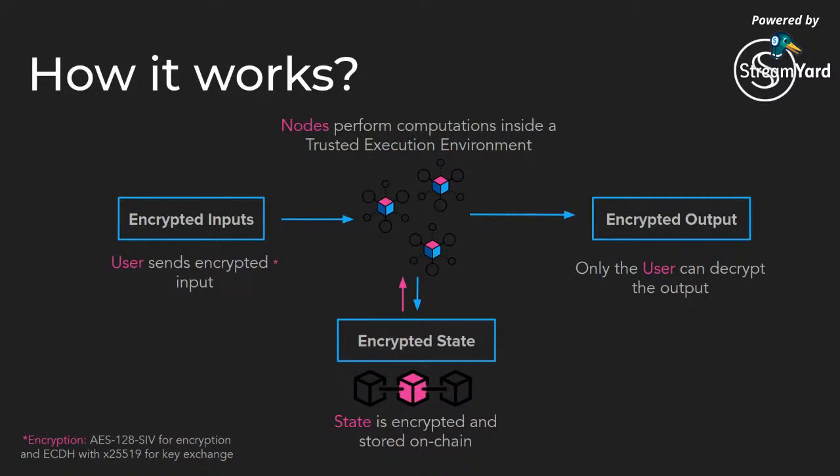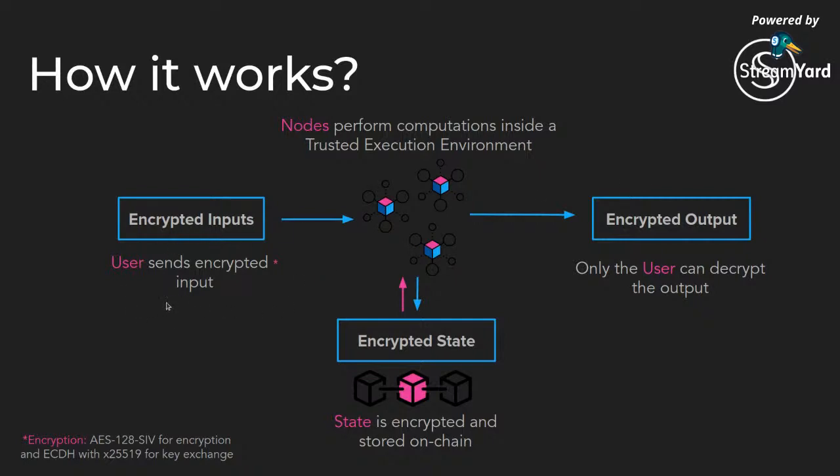When a new node joins the network, the existing nodes exchange keys with this node and share this decryption key with the new node. And once the new node gets this key, it can also join the consensus process and validate blocks as well.